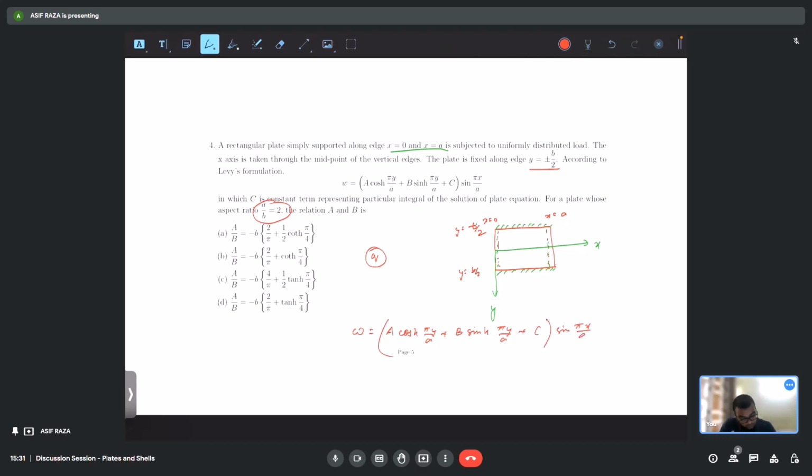Okay, as we have the fixed boundary condition at y equal to plus minus b by 2, we have the condition at y equal to plus minus b by 2 of w equal to 0 and del w by del y equal to 0. Okay, so let's substitute this and use this.